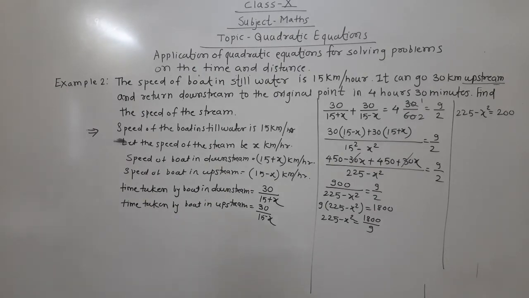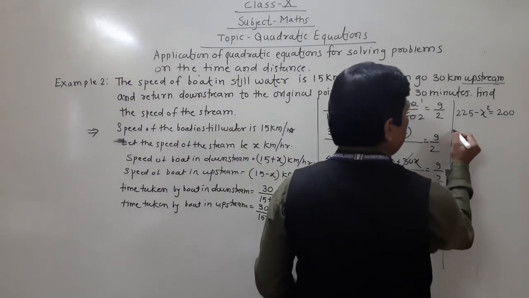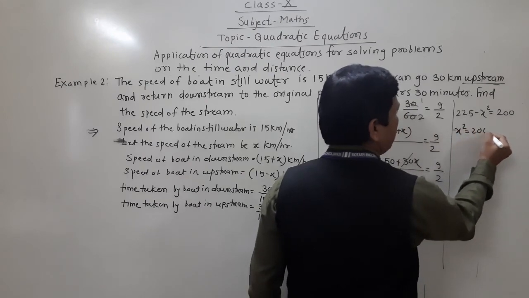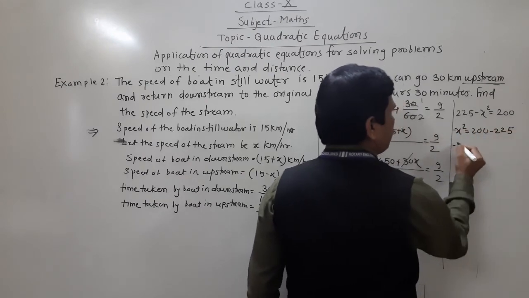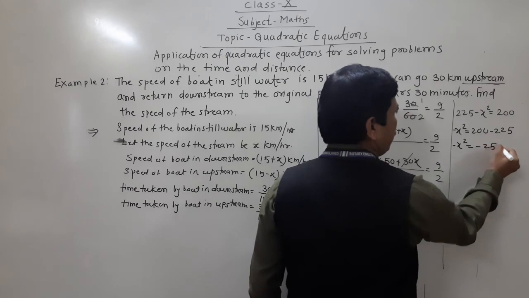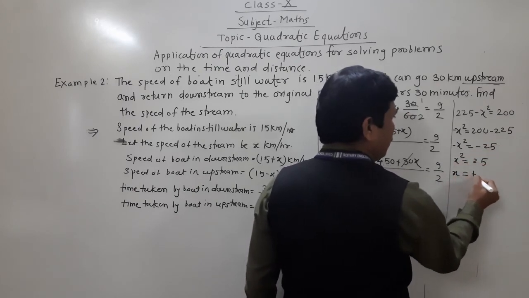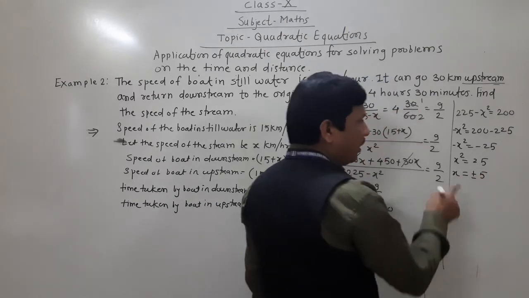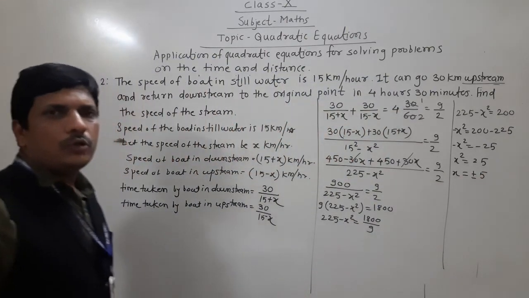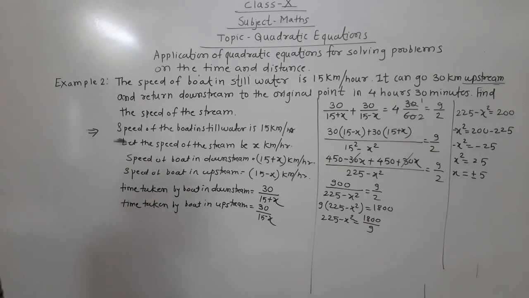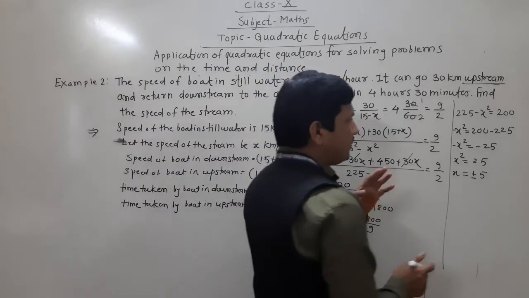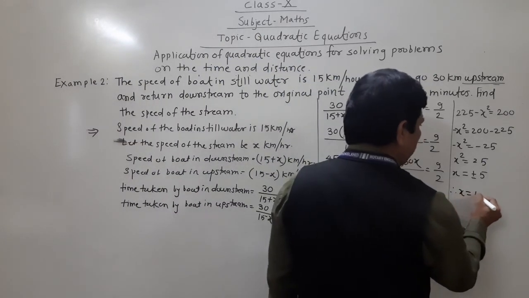Now minus x square is equal to 200 minus 225, so minus x square is equal to minus 25. X square is equal to 25, so x is equal to plus or minus 5. Minus 5 we can't consider because speed can't be negative. Understood? So x is equal to 5.